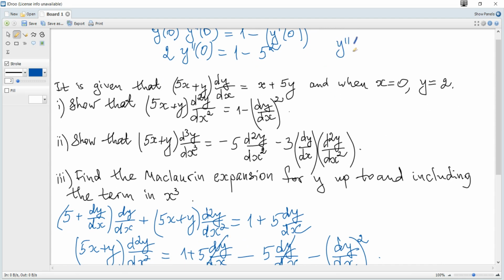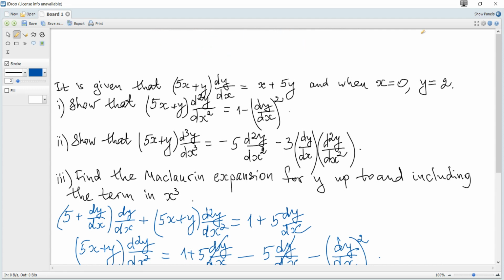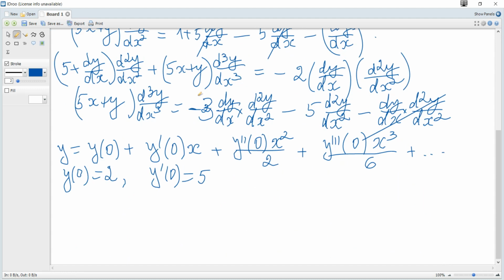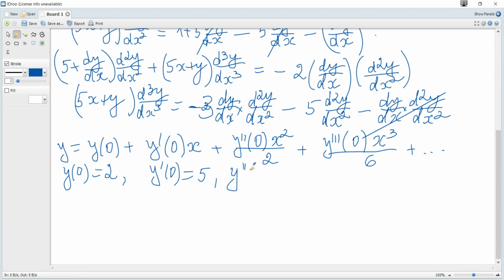Hence, the second derivative at 0 is 1 minus 25, negative 24, over 2. It's negative 12.